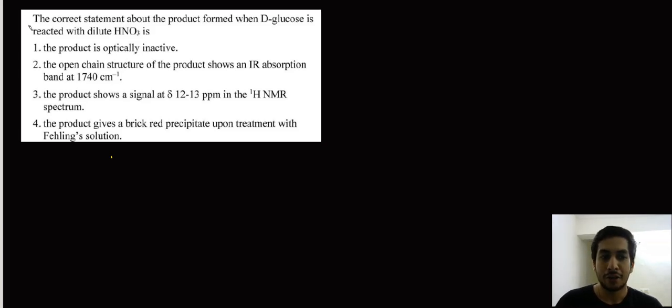So this is again a different question, an easy one, but these kinds of questions again have not been very frequently asked. The question says: the correct statement about the product formed when D-glucose is reacted with dilute HNO3. When glucose is reacted with dilute HNO3, it basically oxidizes the CHO and the CH2OH group.